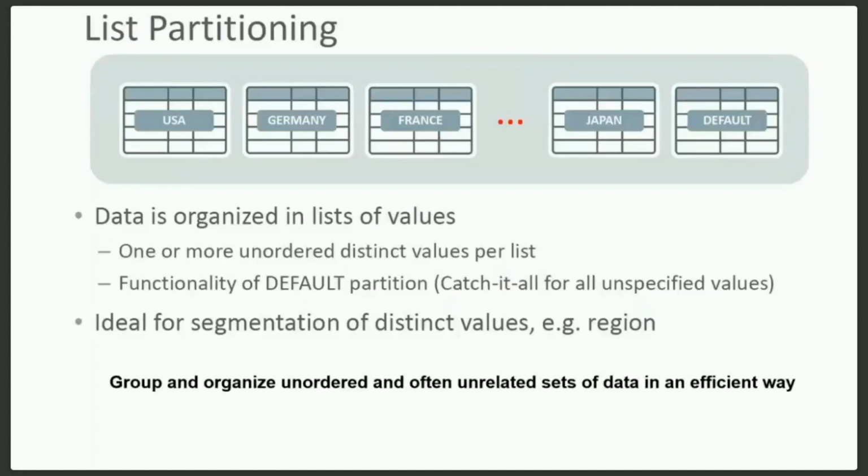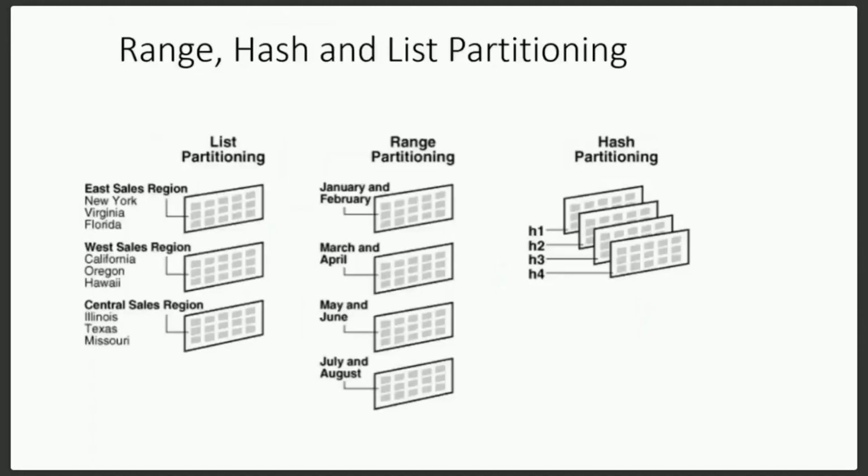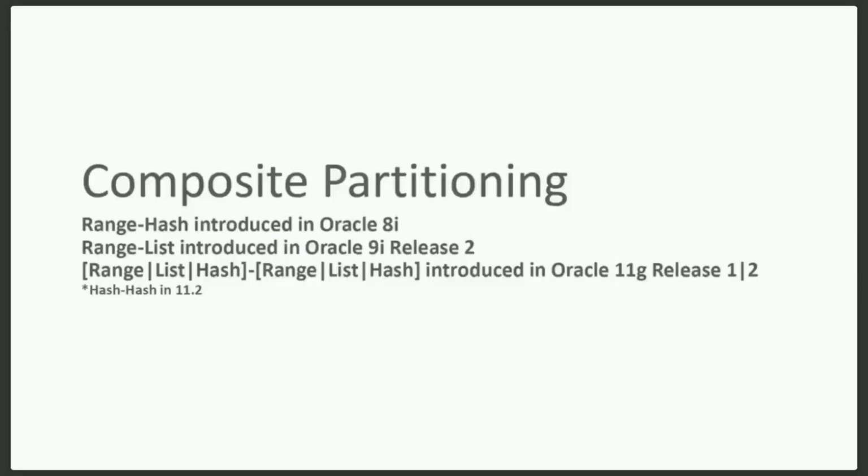So data that is maybe unrelated and unordered, we can group and organize by using this method of partitioning, which is called list partitioning. So these were the initial methods of partitioning which came in Oracle 8 and Oracle 9. We had range partitioning, hash partitioning, and list partitioning.